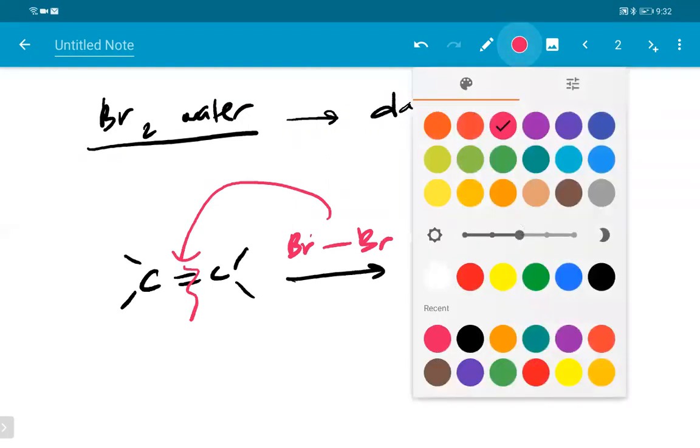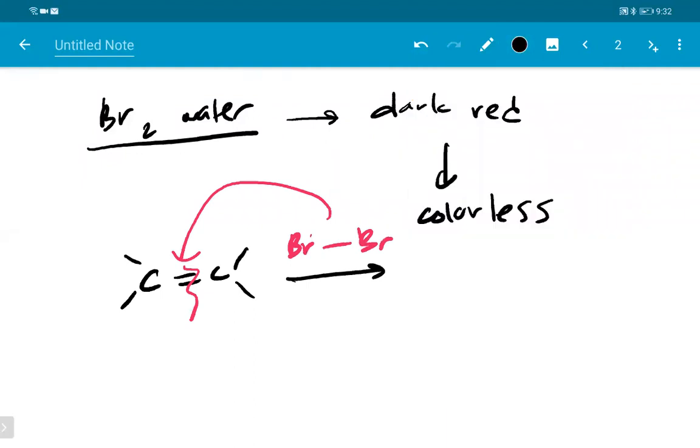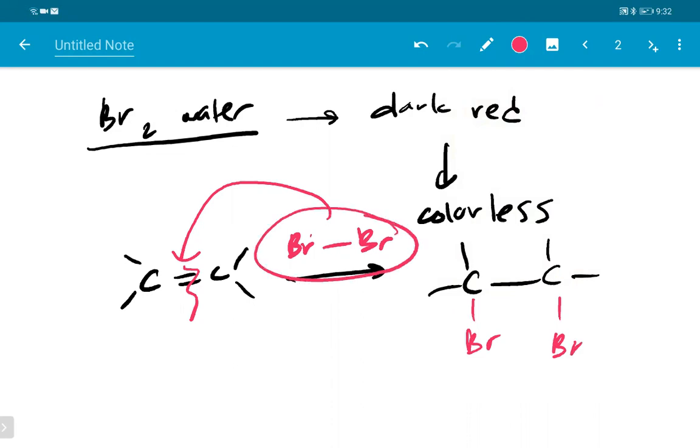Dia akan break double bond tu, dan double bond tu akan menjadi C single bond C, right? However, with the addition of bromine. Alright, that's why the bromine color, which was initially dark red, will become colorless.